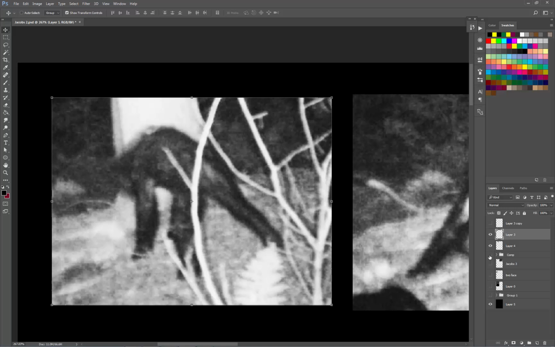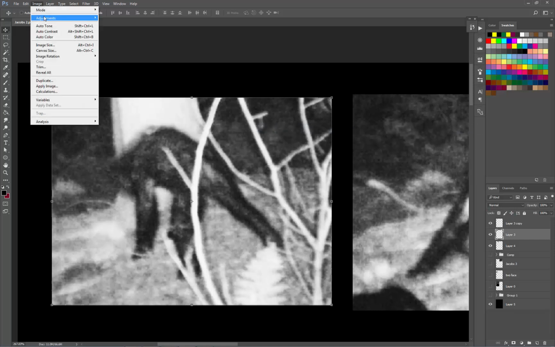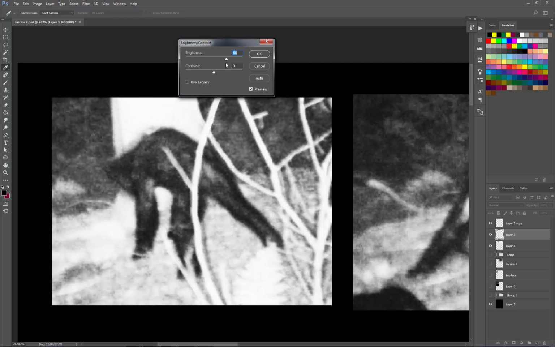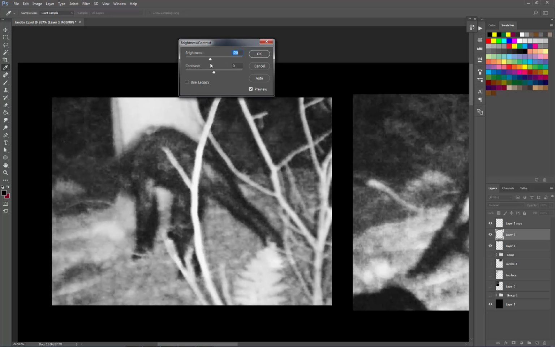So when we bring back this layer and select the background and brighten the background, you can see what I'm talking about, which I think is the actual outline of this creature.